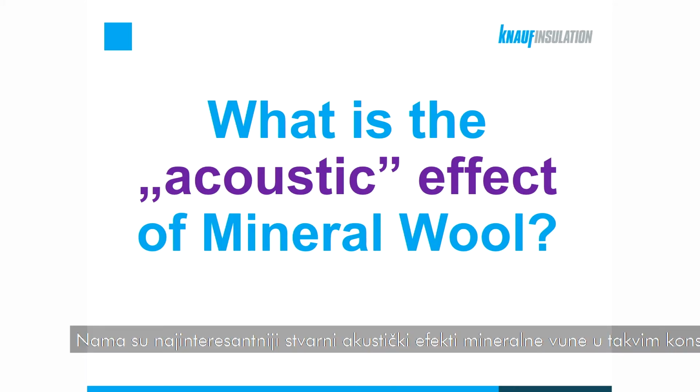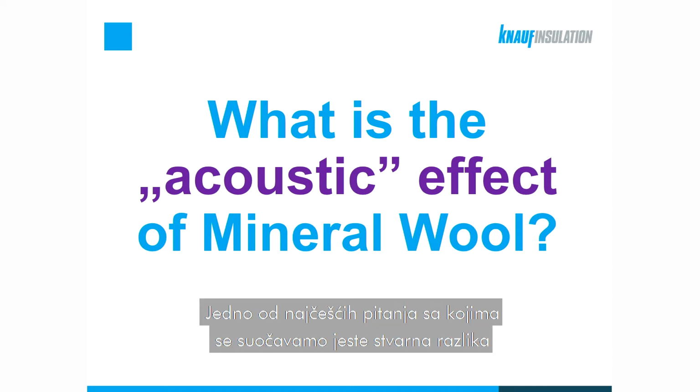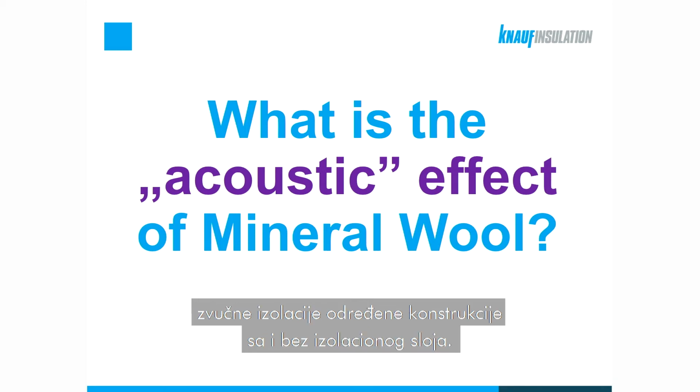But what is the most interesting for us are the actual acoustic effects of mineral wool. So the improvements that mineral wool brings in these constructions. Actually, one of the most frequent questions we face is about the actual difference in sound insulation of certain constructions with and without the mineral wool.